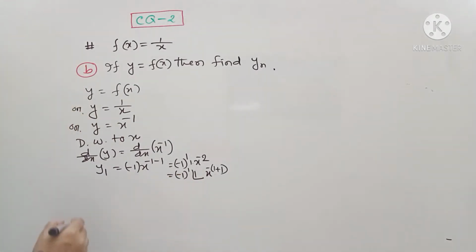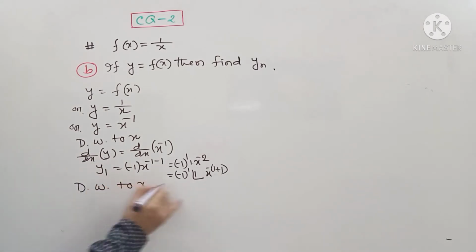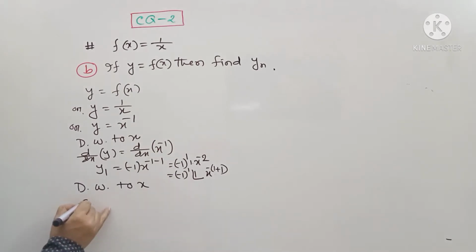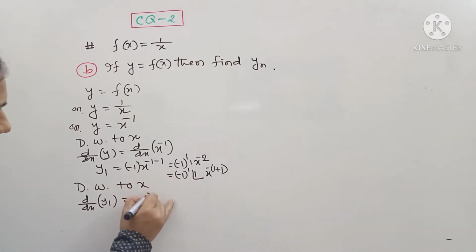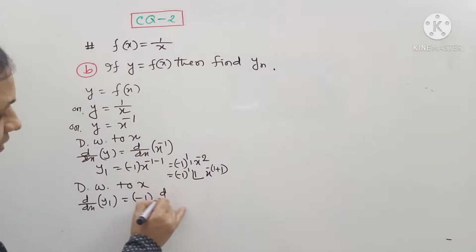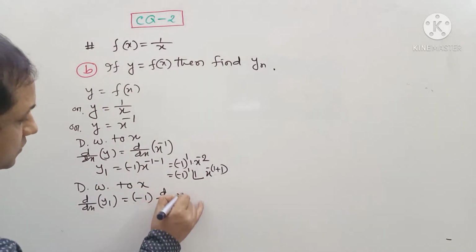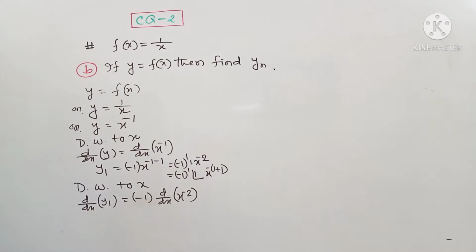Now again student, differentiating with respect to x, 2 times differentiation. So d/dx of y1 equals d/dx, taking the constant to the first position, minus 1 d/dx of x to the power minus 2.